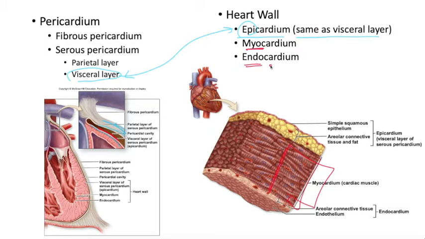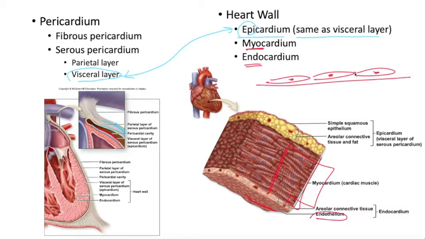So for the endocardium, what I really want you to focus on is the endothelium, which is the epithelial tissue that lines all of your circulatory system, not just your heart. I actually learned it in the blood-brain barrier back in Unit 3. You've got this simple squamous epithelium, and that's the basement membrane.